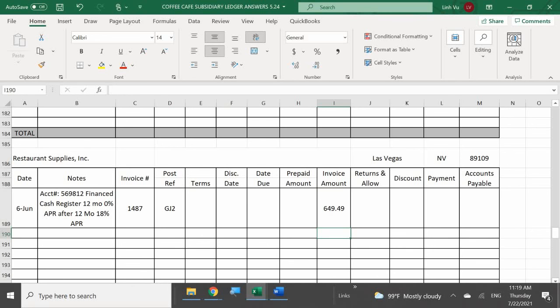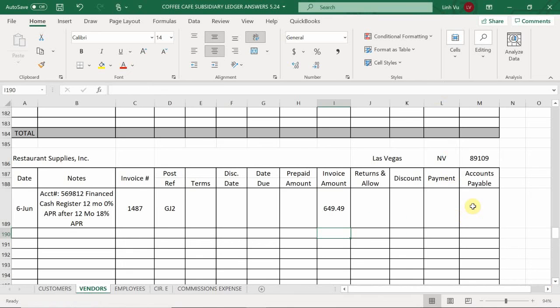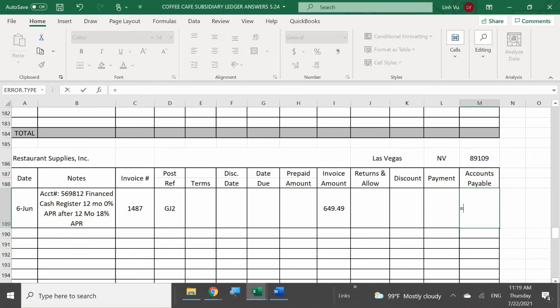Now, since I owed it on an account, I didn't make any payments to this yet until I received my bill. All right. So now I'm going to go ahead and enter in that formula once again. We're going to start with our invoice amount, subtract any prepayments, subtract any returns and allowances, subtract any discounts, and subtract any payments.